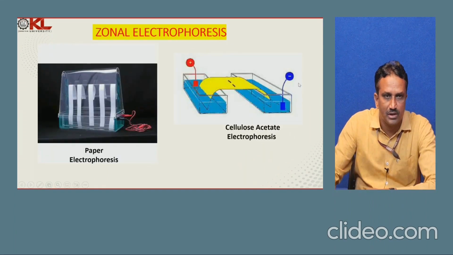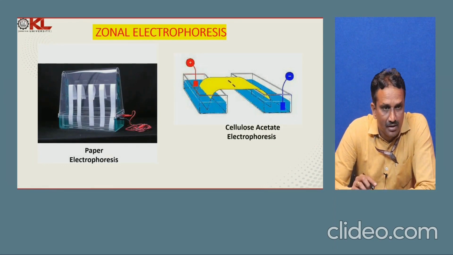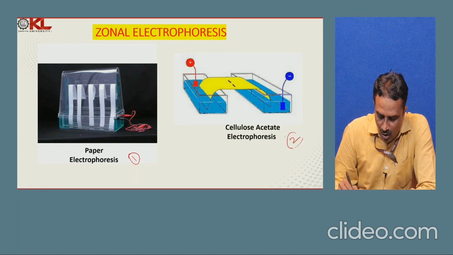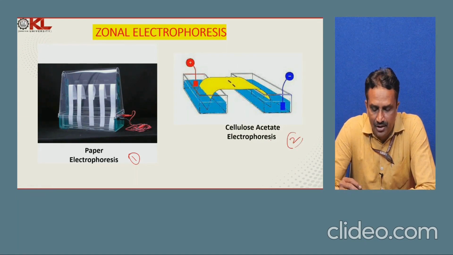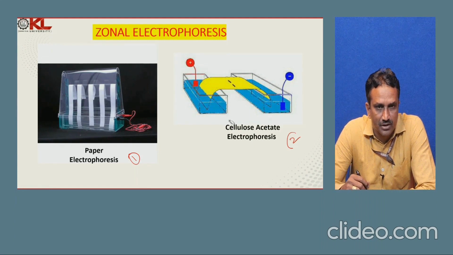Next, coming to the second type, zonal electrophoresis. Here also we see three different types, but we'll talk about these two because these are outdated and not widely used nowadays. One is paper electrophoresis, the other is cellulose acetate electrophoresis.